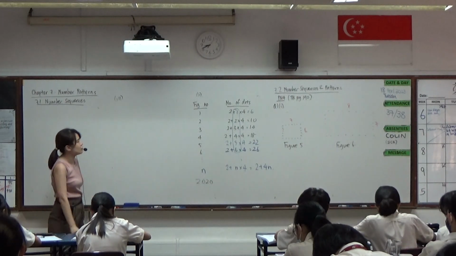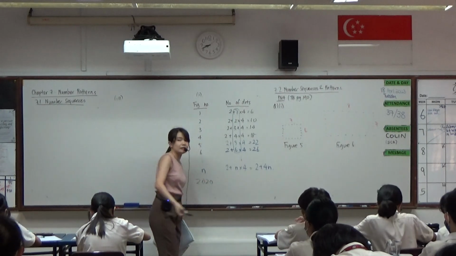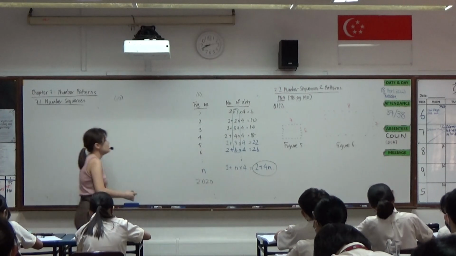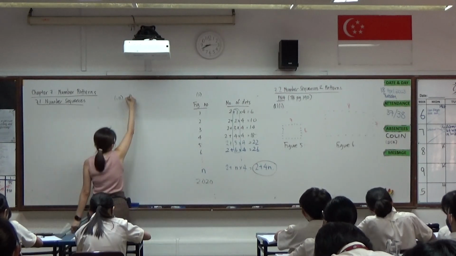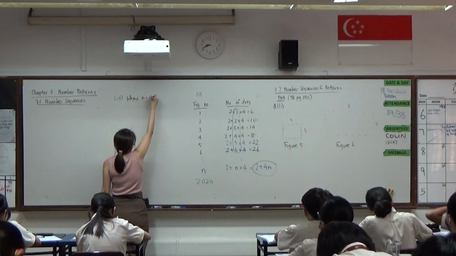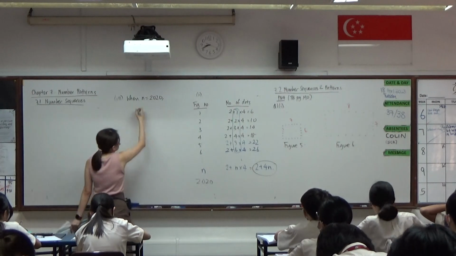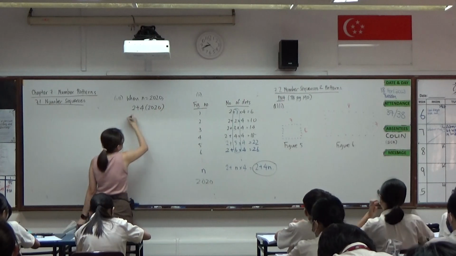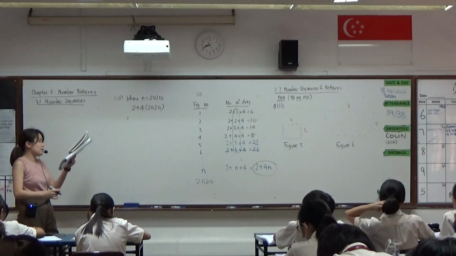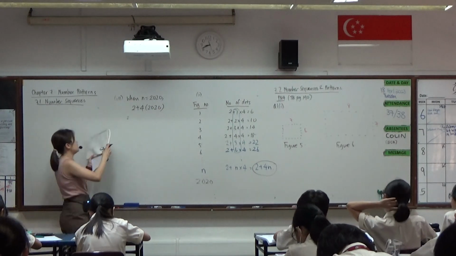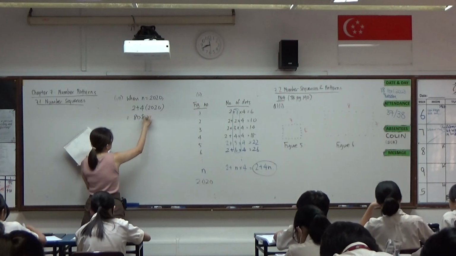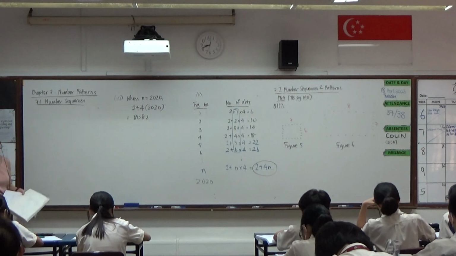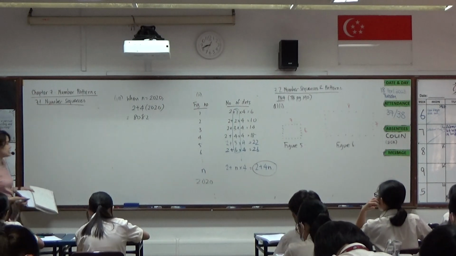But do I really need to follow the same structure again? I don't need, because I now have a formula already. So when your n is equals to 2020, I will have 2 plus 4 times 2020, and that would actually give us the answer 8082. So this is the number of dots for the 2020th figure.